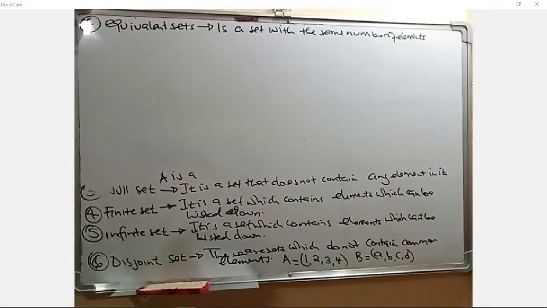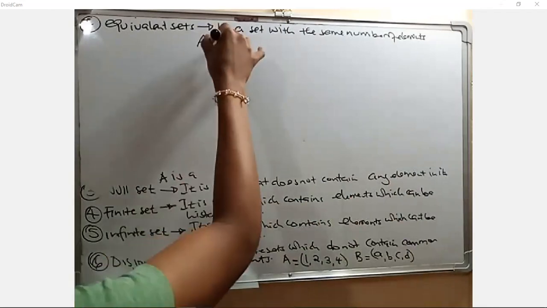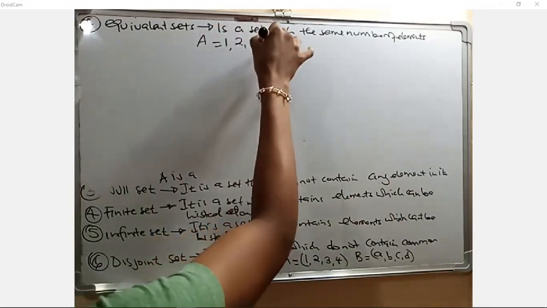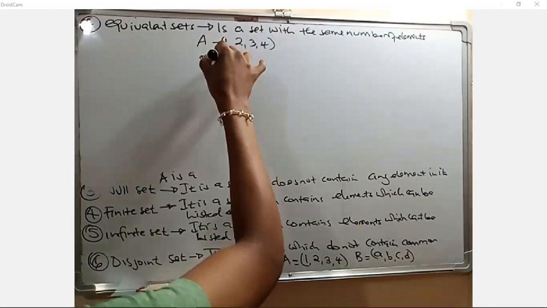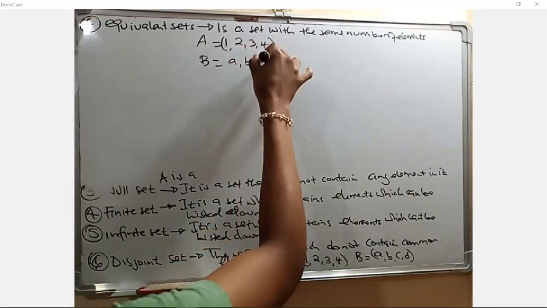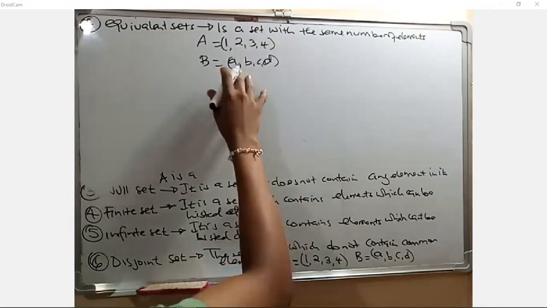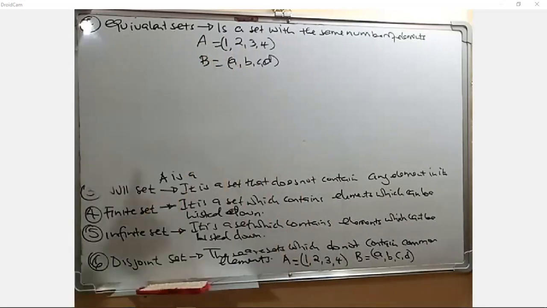So in this case, you might have set A, which has 1, 2, 3, and 4. And then we have set B, which has A, B, C, D. You say it is equivalent because they have the same number of elements, 4, right?